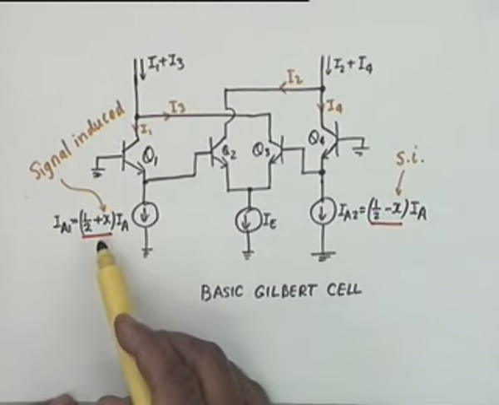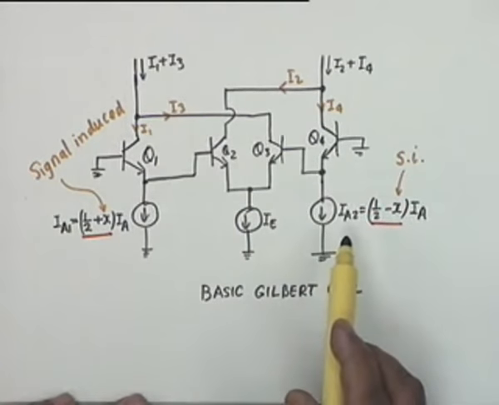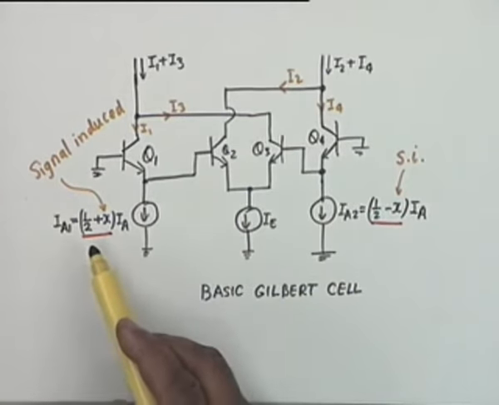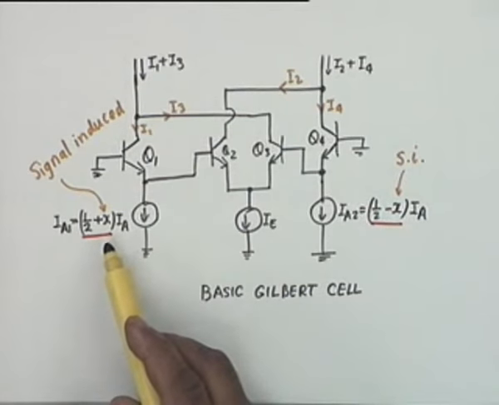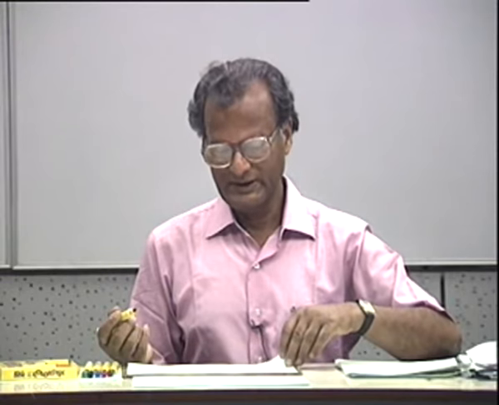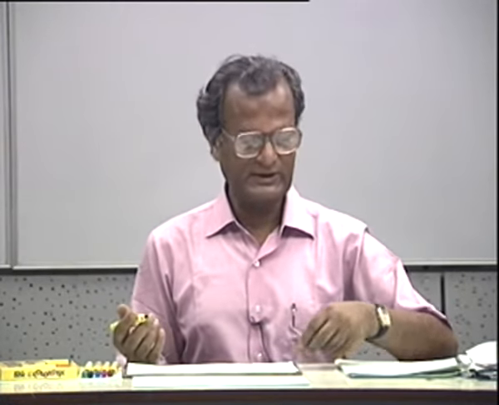Okay, the difference between them is 0 if there is no signal, and therefore the difference must be proportional to the signal induced quantity. The differential input current is obviously twice X times IA. Okay, so this is one of the corrections. And then this continues in the analysis.